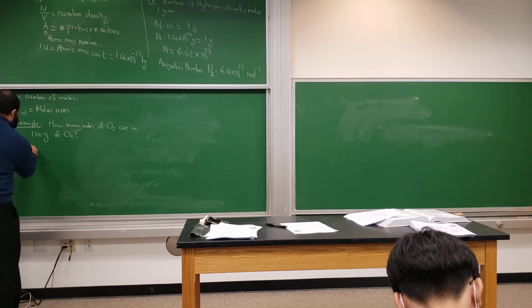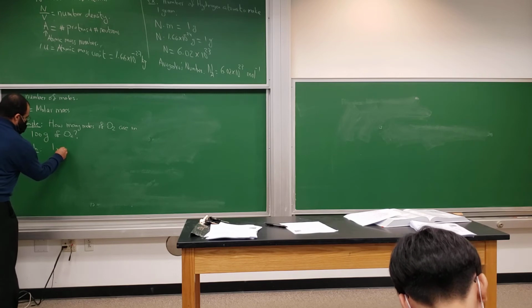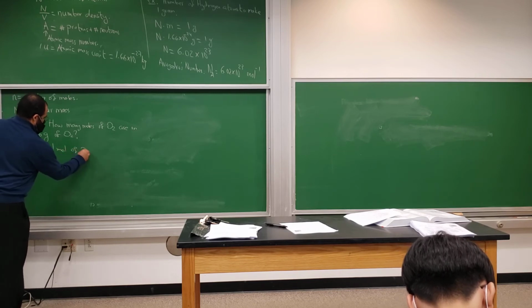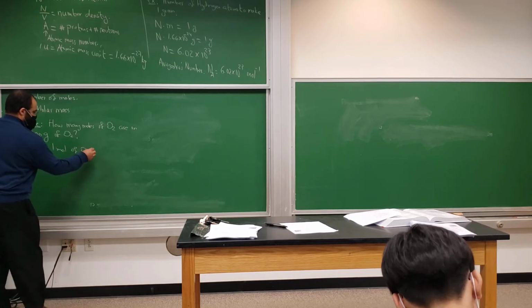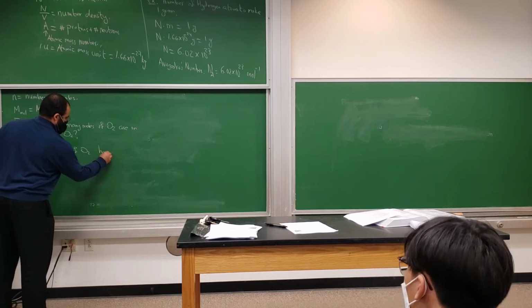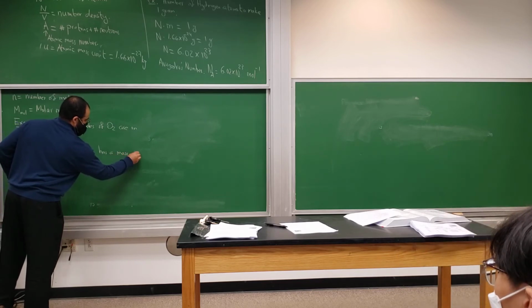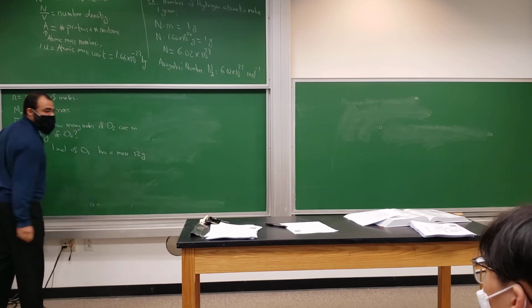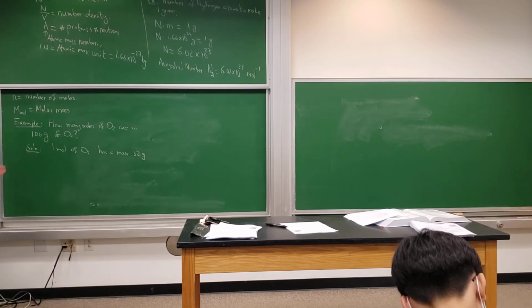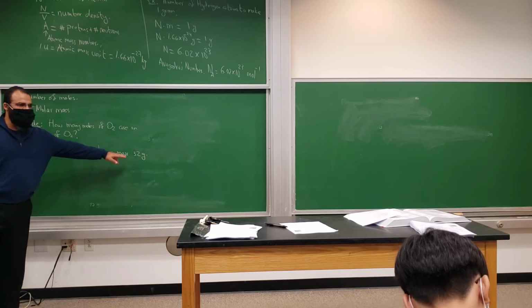So 1 mole of O2 has a mass of 32 grams, right? So 2 moles of O2 will give me 64 grams.